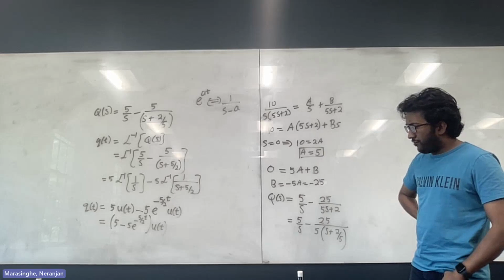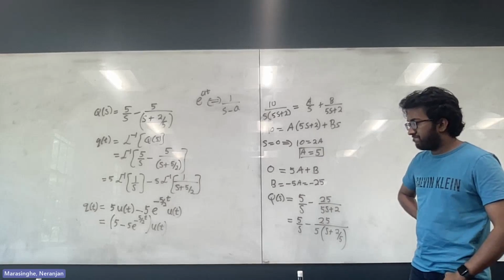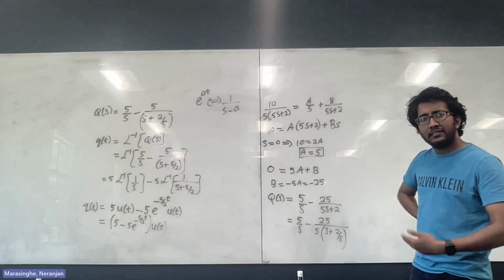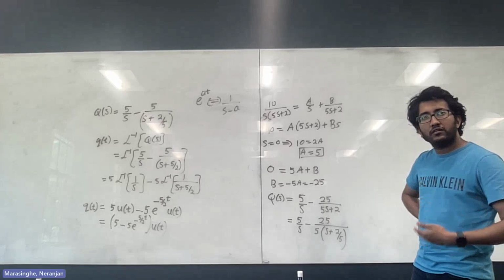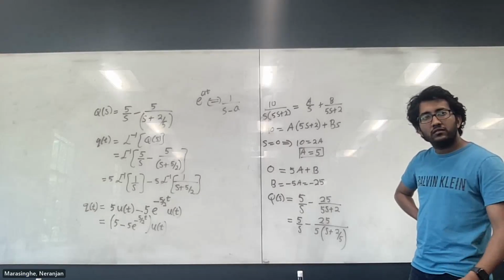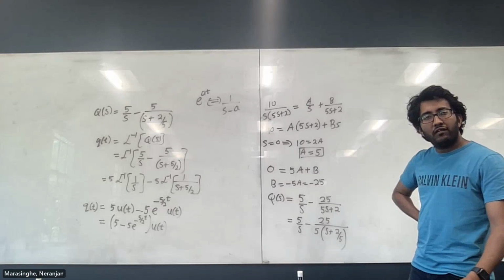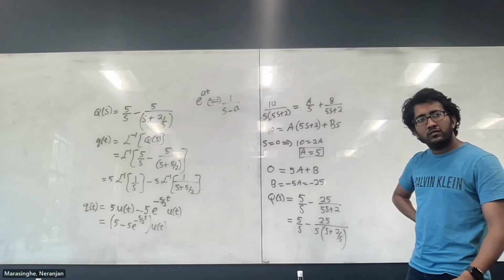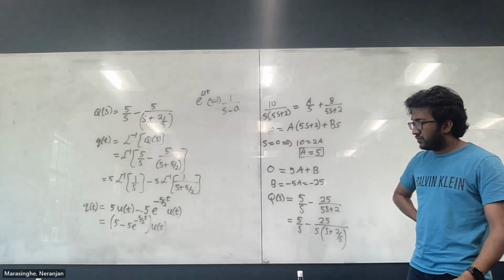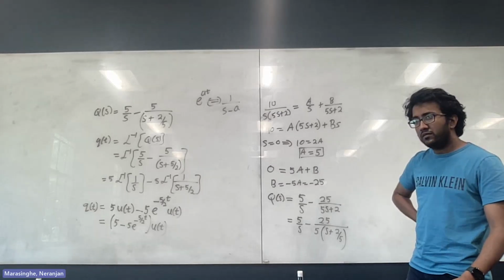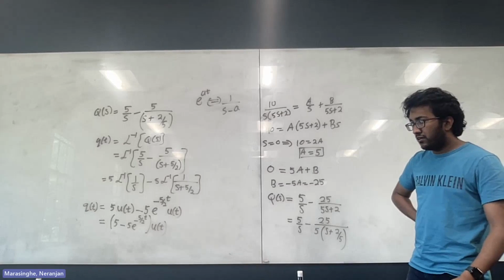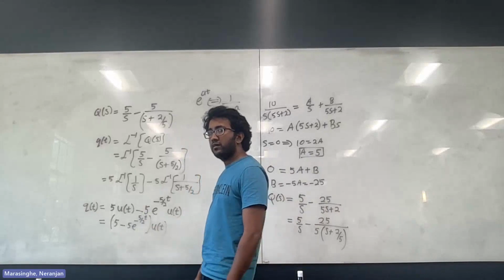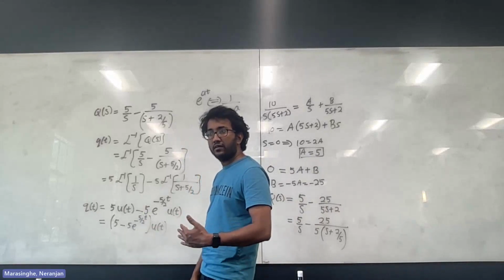Now, if I ask a question like this, what is the charge on this capacitor when time goes to infinity? When time goes to infinity, what would happen to q(t)? What would happen to this term when t goes to infinity? E to the minus infinity is 0, right?